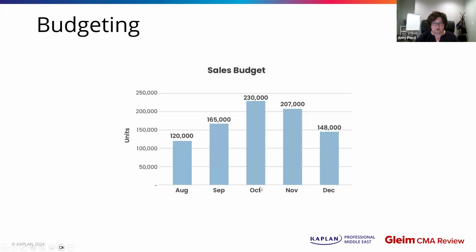The other thing I want to point out is I will often see visualizations like this, but they don't have the numbers. These are called the data labels. While this would have been a very great visualization, and we would have obviously seen that October was 230,000 units, if I didn't have the label here, would you have been able to tell me the exact sales volume in units?